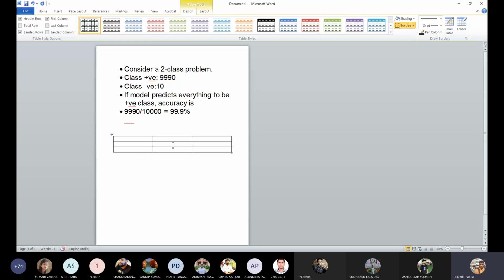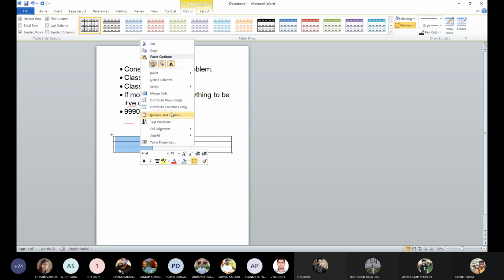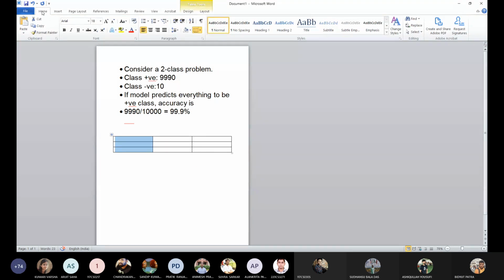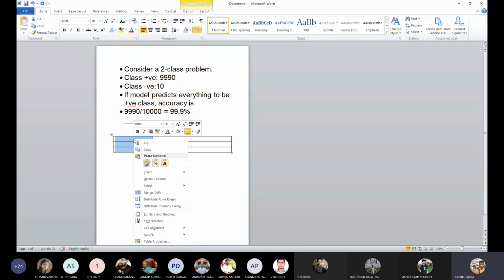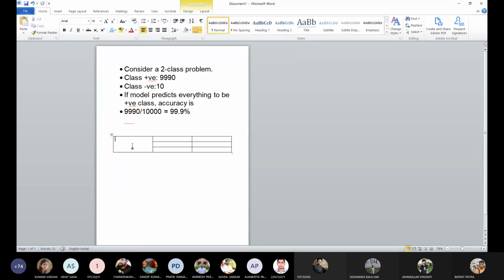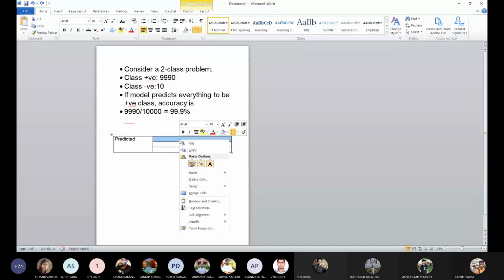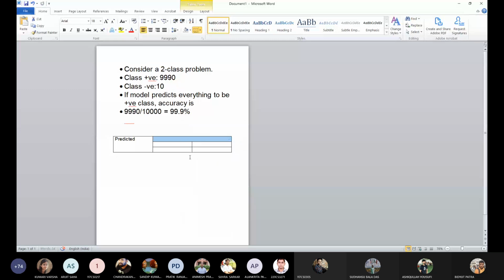This is all about the predicted class, and this side is the actual class.